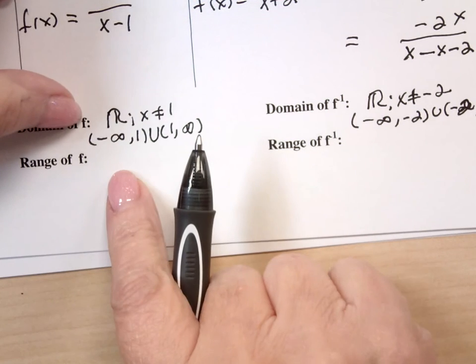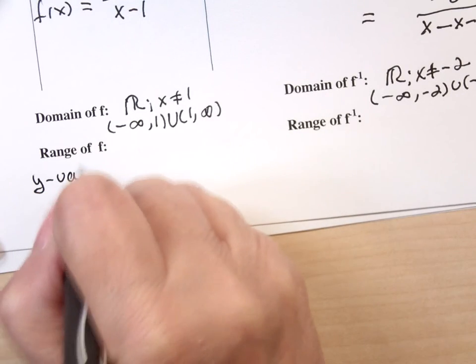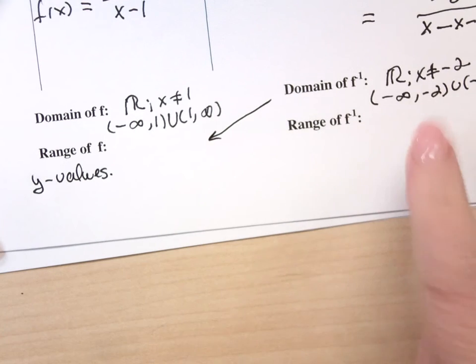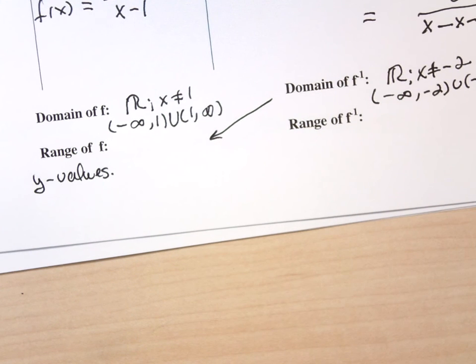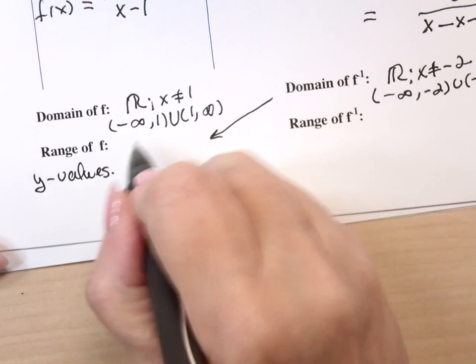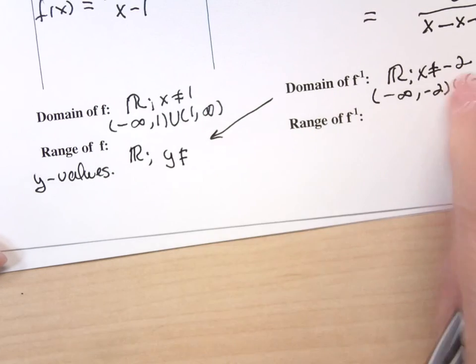Remember, ranges are y values. So that says this goes over here, but instead of this being an x, it becomes a y. Now, if you put it in interval notation, nobody knows the difference whether or not you know x and y. So this then becomes all real numbers, y can't be minus 2.